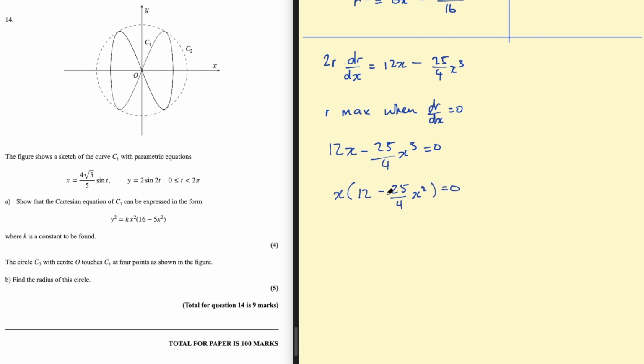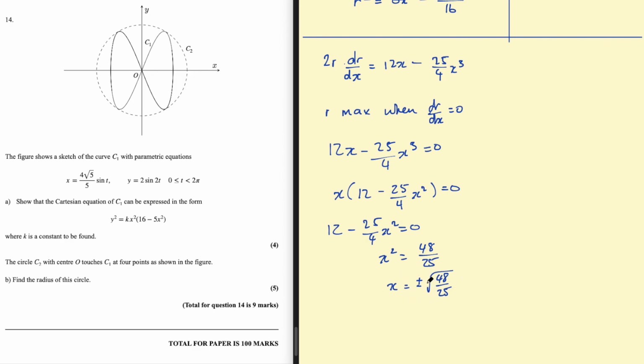A solution for this is x equal to 0. We don't care about that solution, so let's focus on the other solution, which is 12 take 25 on 4x squared equals 0. And then we get a solution for x squared. Well, this would be 12 times 4 divided by 25. So that's 48 on 25. So then x equals plus or minus the square root of 48 on 25.